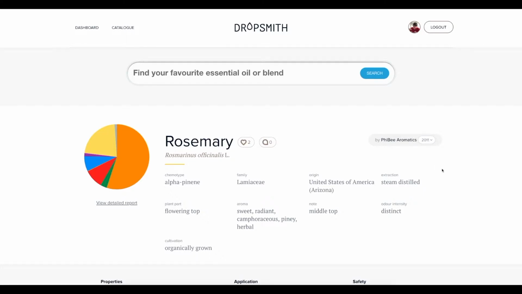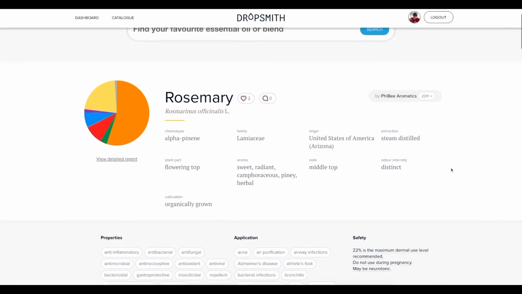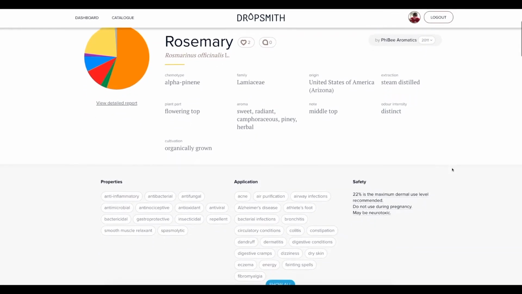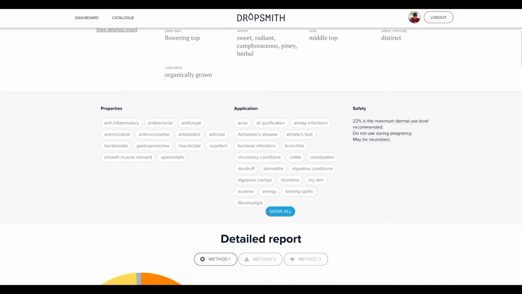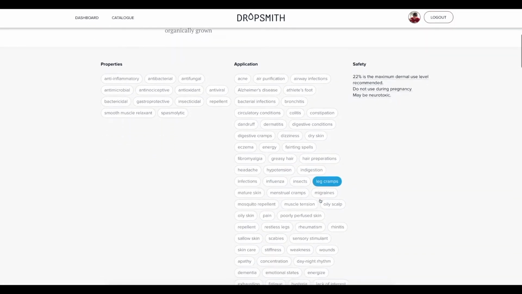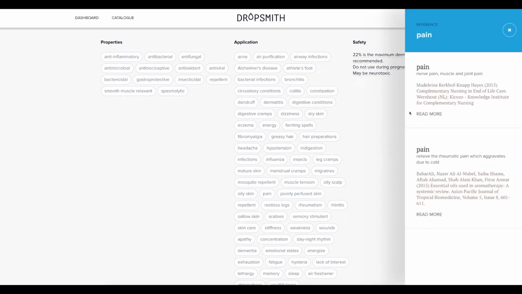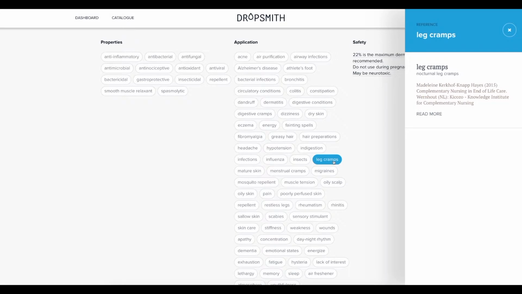I would, for example, take a look at rosemary essential oil, and if it was a client with pain issues, I would say, well, traditionally we use rosemary for pain, and let's look at some of the references for that. So here I would click on pain. I would say see, pain, they use it usually for nerve pain, for muscle pain, joint pain, for all kinds of pain, also menstrual cramps, for example, leg cramps.